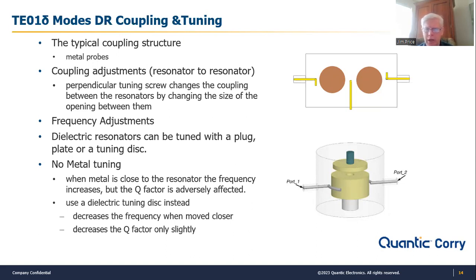Although it's never really a lot, because if you remember, most of the energy stays inside the resonators and not much is available to be coupled outside. Even at that, you can regulate it somewhat by putting a metal wall in between the two resonators and adjusting the size of the opening between them. That gives you a little bit of adjustability in coupling just the correct amount of energy that you want from one to the next.